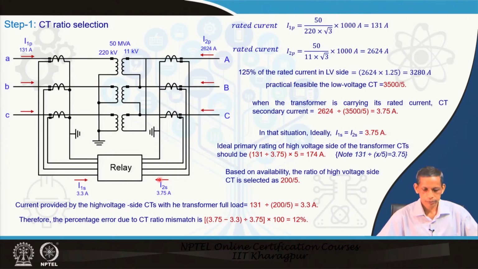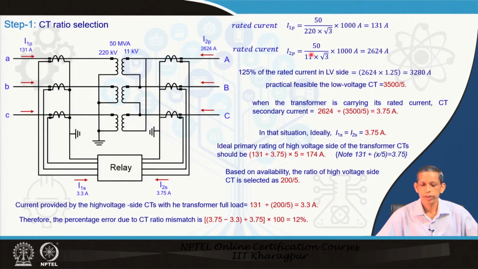So, for this, the transformer rated current on the high voltage side and the low voltage side: in the primary, high voltage side, we find 131 ampere, from 50 MVA at 220 kV. On the low voltage system side, the current becomes 2624 ampere.